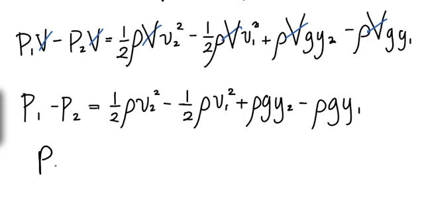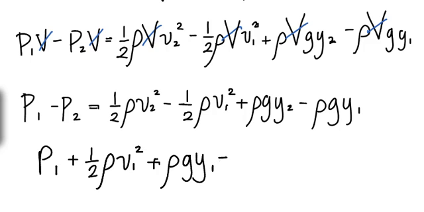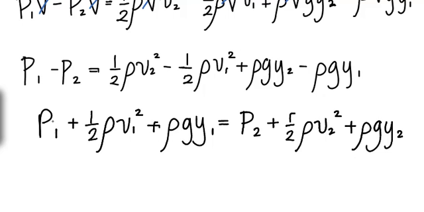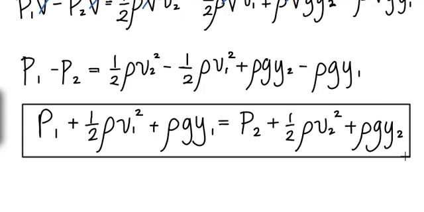So I'm going to have P1, then I'm going to add this 1/2 rho V1 squared term, I'm going to add rho g y1, and then on the right side I'm going to add P2, the 1/2 rho V2 squared, and rho g y2. And that, all written out, is Bernoulli's equation.